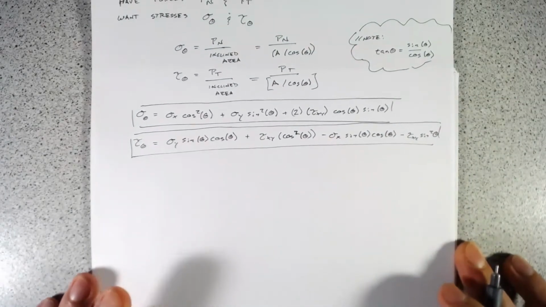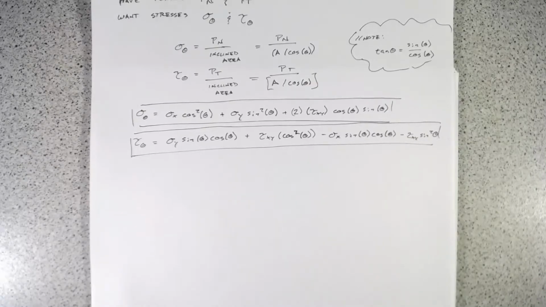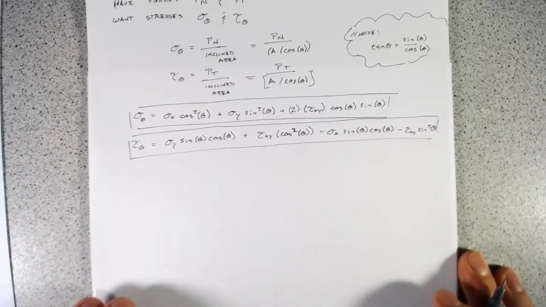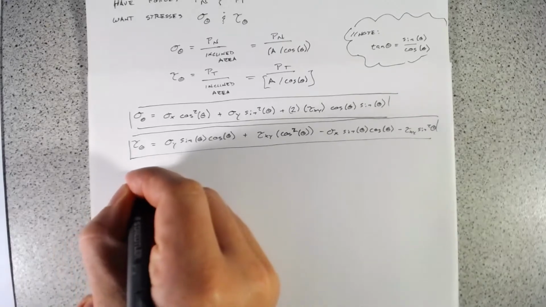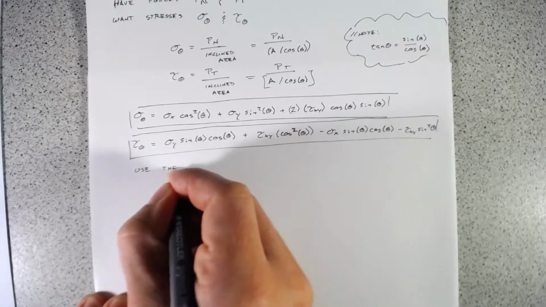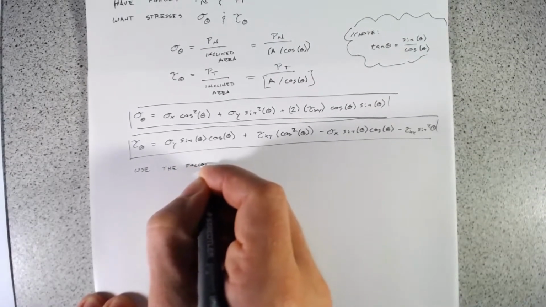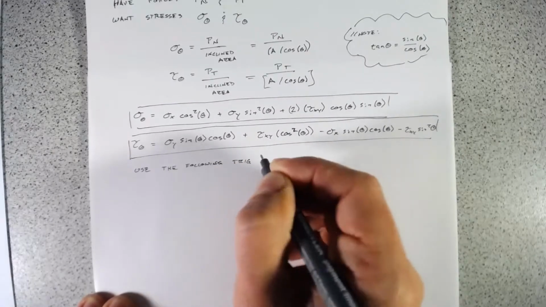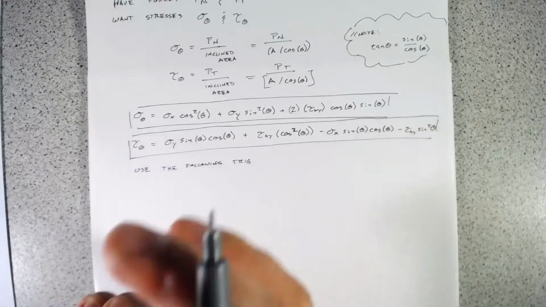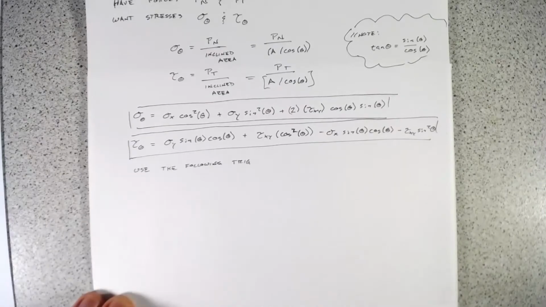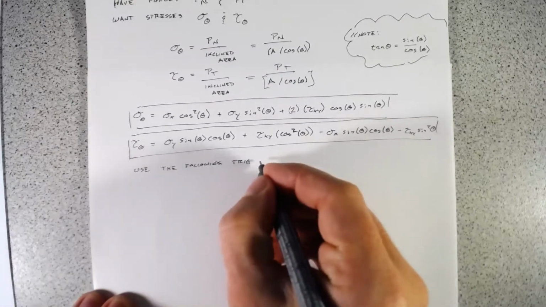So these are still pretty big, unwieldy equations, and if we can simplify them further, that's even better. And so what we can do is use the following trig identities to simplify these even further to something which we'll be able to work with and do some more useful mathematics on.